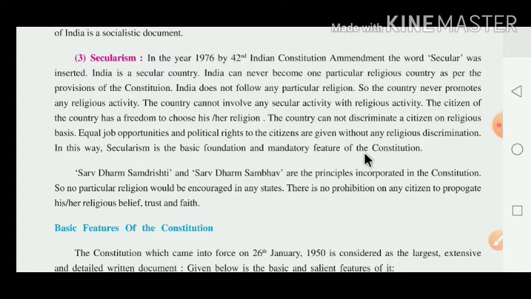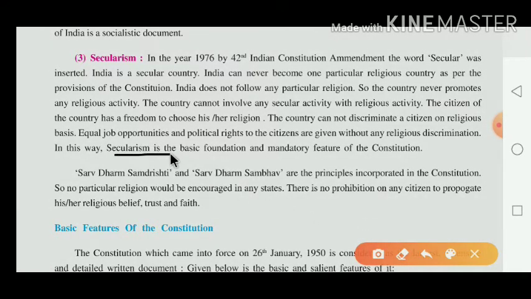That's why the word secularism was included in 1976 in the 42nd Indian Constitution Amendment Act, and it is a kind of mandatory feature.